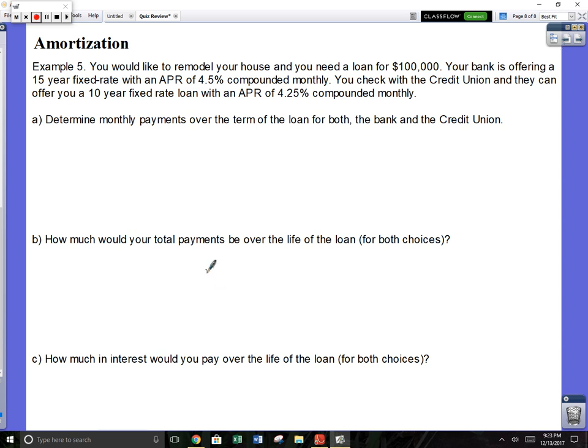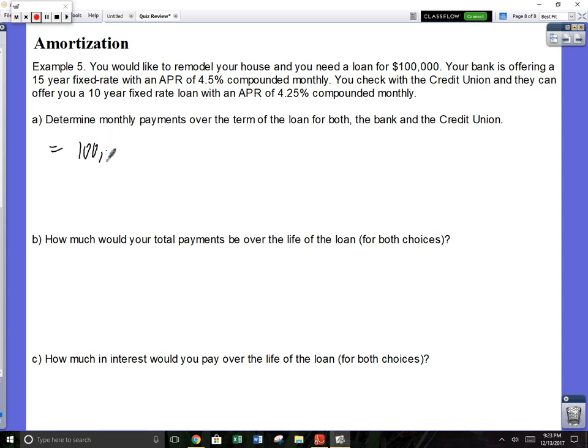Alright, here we go. So now you go to your amortization. There's a formula for that. And it looks pretty intimidating also. But this has a lot to do with your annuity formula. So here we go. Okay, so my monthly payment is going to be capital S, which is your loan amount.